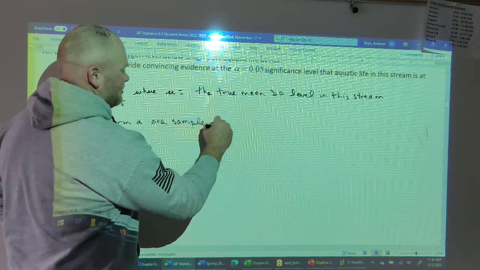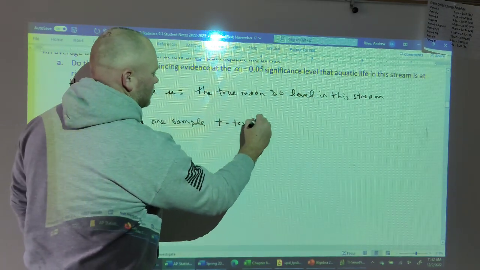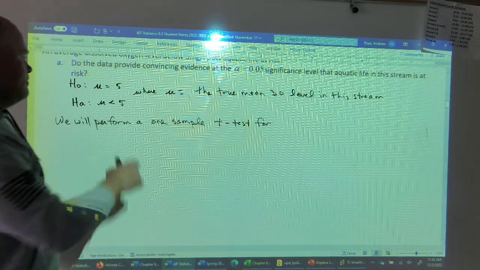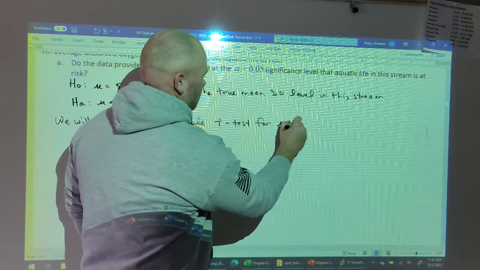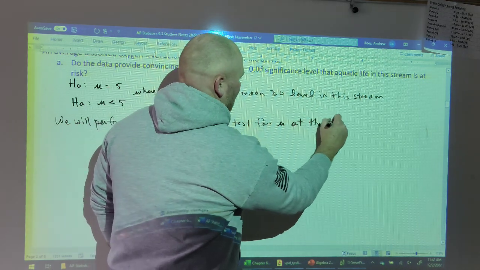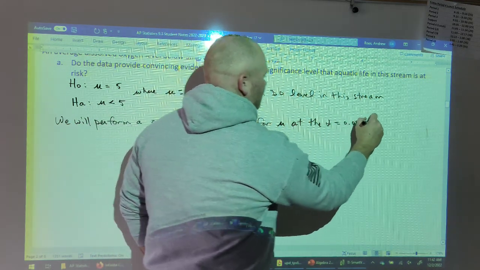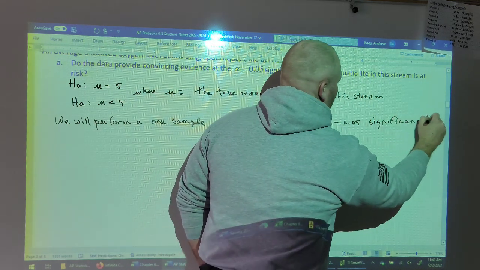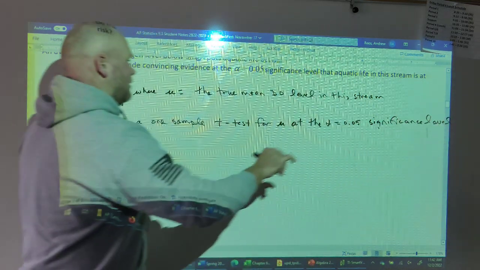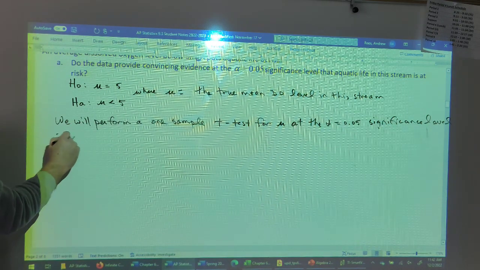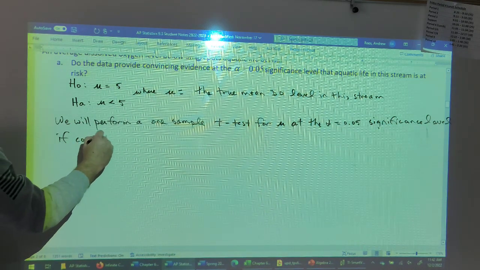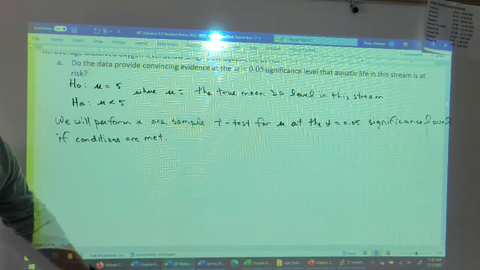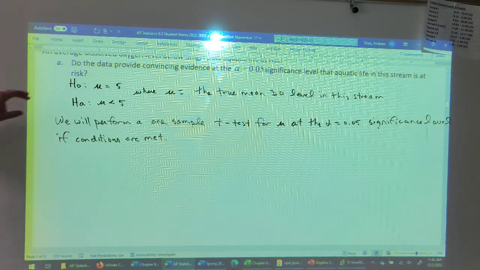So we're going to do a one sample T test for your parameter, so for mu, at the alpha equals 0.05 significance level if conditions are met. So there's our lead-in.